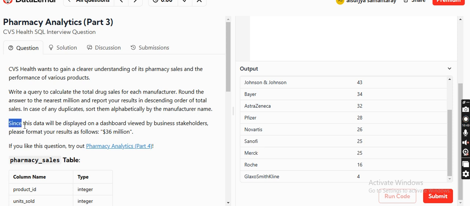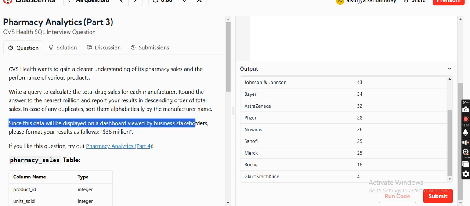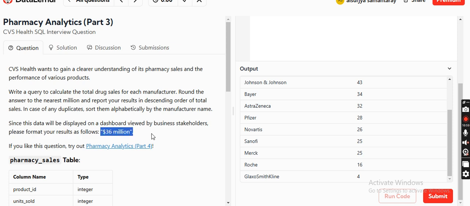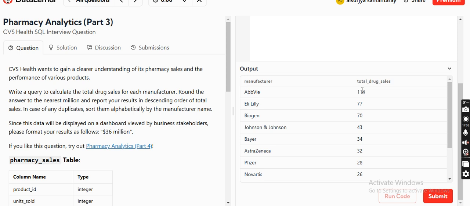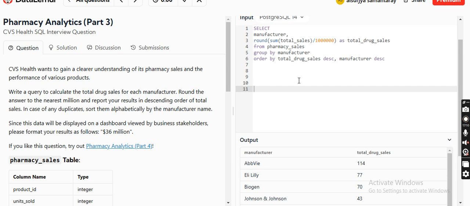Now, what's the next part? Since this data will be displayed on a dashboard viewed by a business stakeholder, the format should be this way. So this is the format in which they want the respective data. Okay. So our current format is 114. So what they are saying is 114 should look like $114 space million.